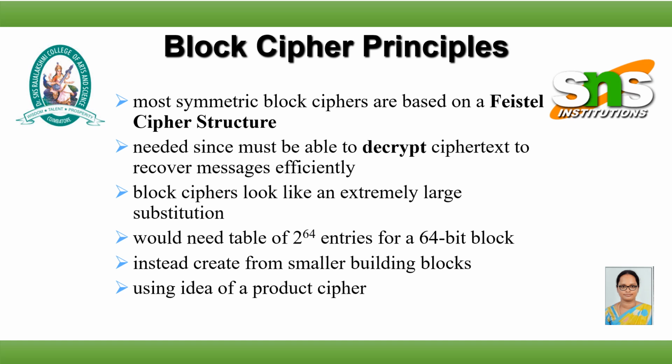Mainly we are using block ciphers for extremely large substitutions, for example 2 power 64 entries. If we have a 64-bit block, it has 2 power 64 entries. So instead of creating smaller building blocks based on the size, we can split up different blocks.